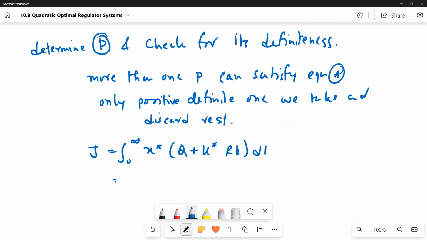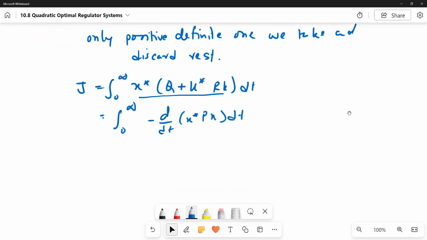Then we have figured out that this entire thing can be replaced by minus d by dt of x star Px, dt. So the derivative and the integral will cancel each other, and we can simply find the value of x star Px with the limits.